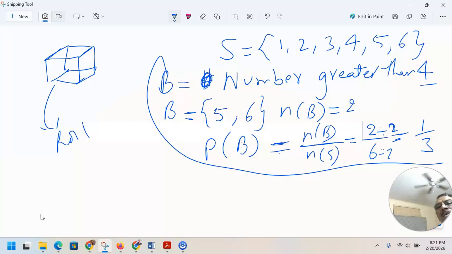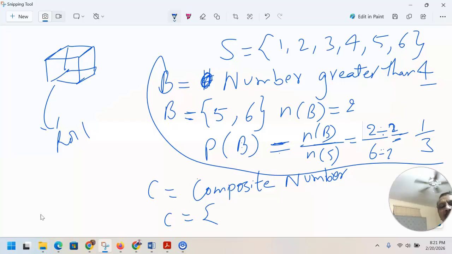As you move on, they could ask what is the probability of getting a composite number. So the question is, what is a composite number? 1 is neither composite nor prime. 2 is a prime number.